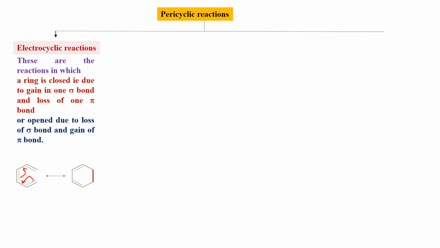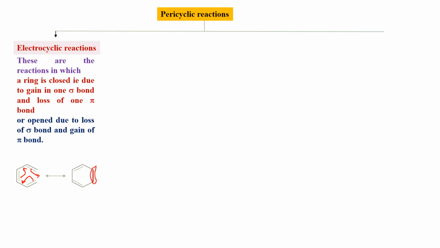The double bond or pi bond present between C5 and C6 will be shifted between C1 and C6 carbon atoms. Here in the product we are indicating by this red line, this bond is a sigma bond. So we can see in the product there are two pi bonds, whereas in the reactant there were three pi bonds. So one pi bond has been lost.